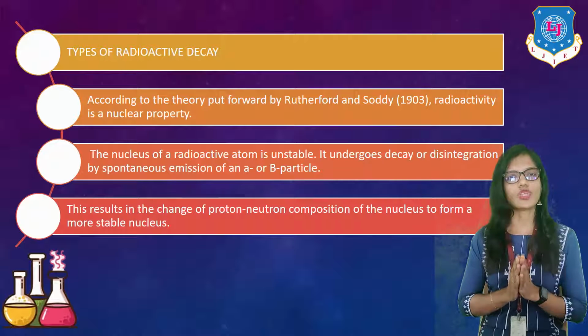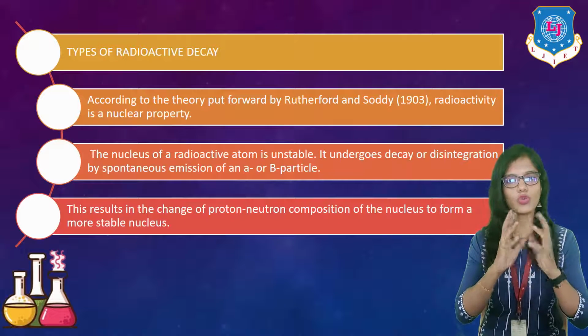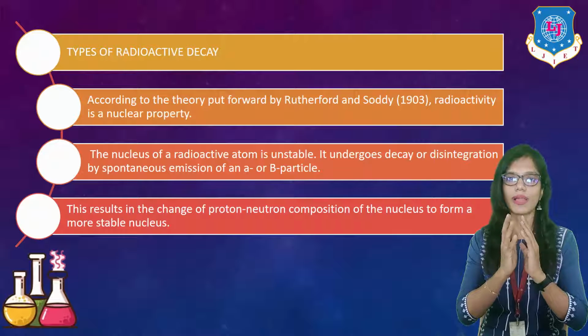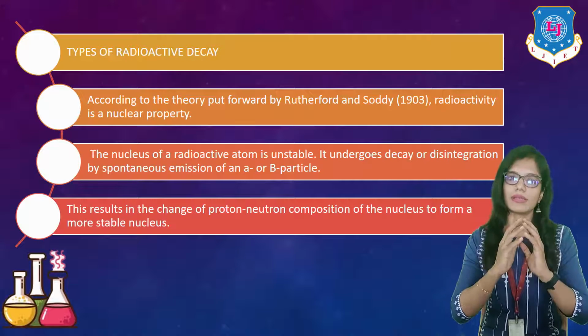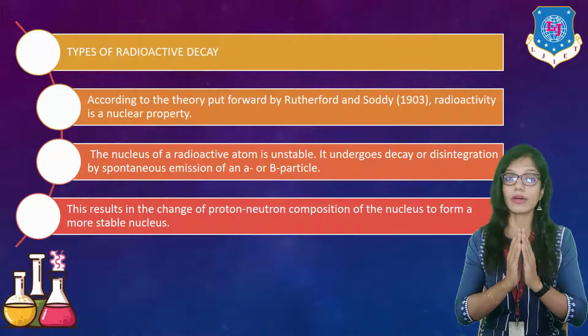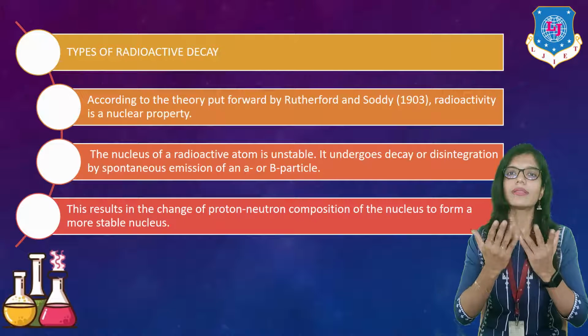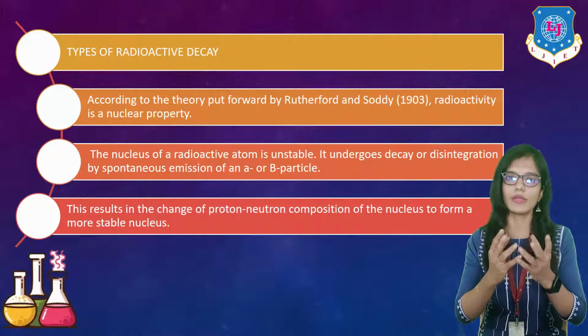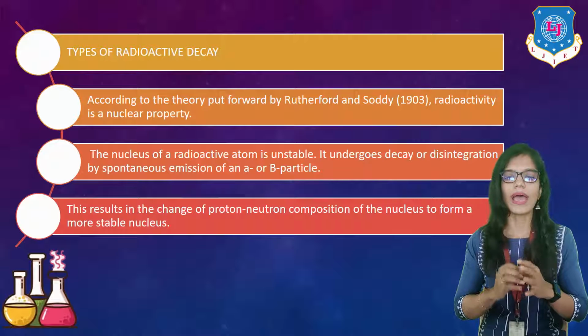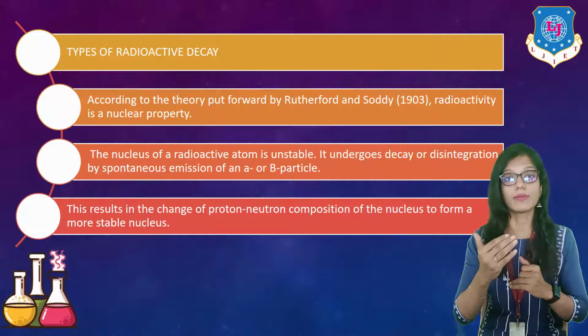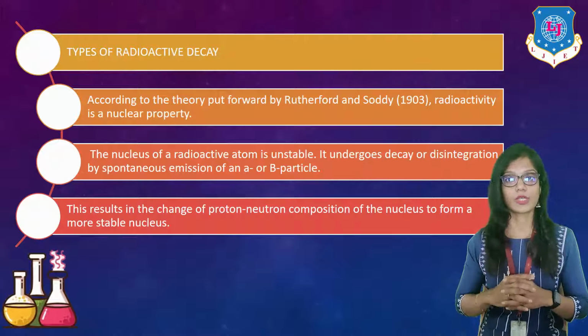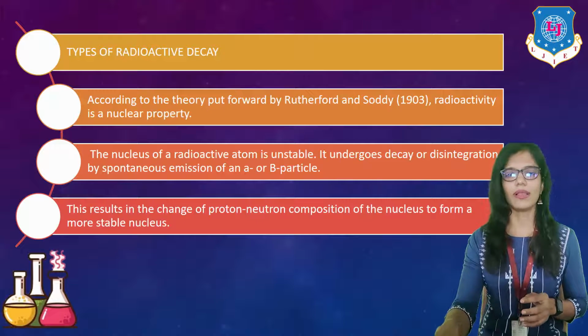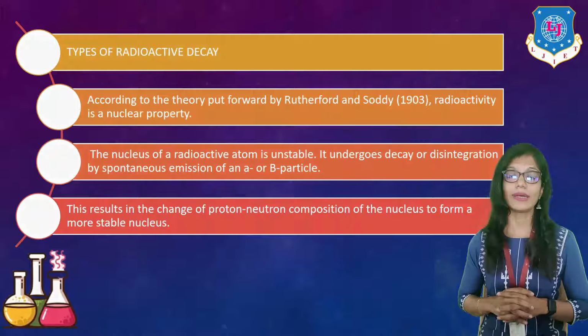The proton and neutron balance is imbalanced, and when such an imbalance occurs, it will emit radioactive rays and in that way become a stable nucleus. So it will try to create a stable nucleus.